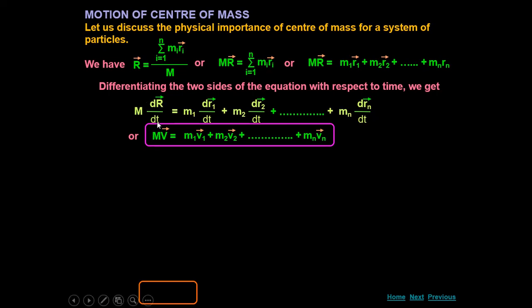If you write dR upon dt as velocity, then capital M is the mass of the system, and capital V is the velocity of the center of mass. So we can write dr1 upon dt as v1 vector, dr2 upon dt as v2 vector, and so on. So m1 v1 vector plus m2 v2 vector and so on up to mn vn vector.